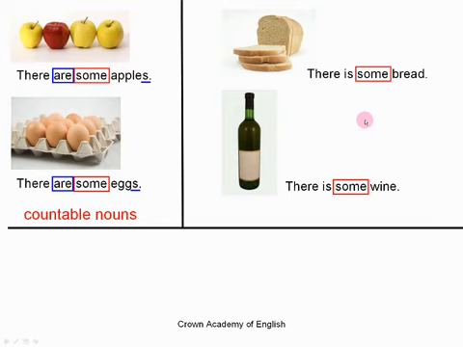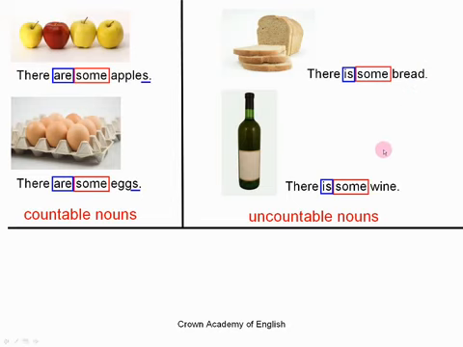And on the right, these are uncountable nouns. Okay, this is slightly different. Uncountable nouns are not separate objects. We cannot count uncountable nouns. They are, for example, just a mass of product, and they can only exist in the singular. So the verb is in the singular and the noun is in the singular.